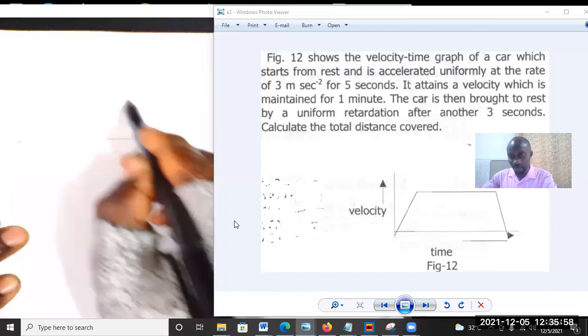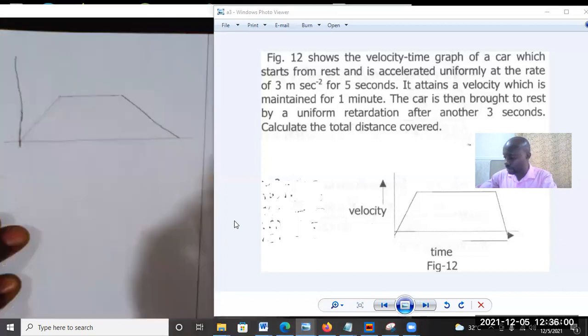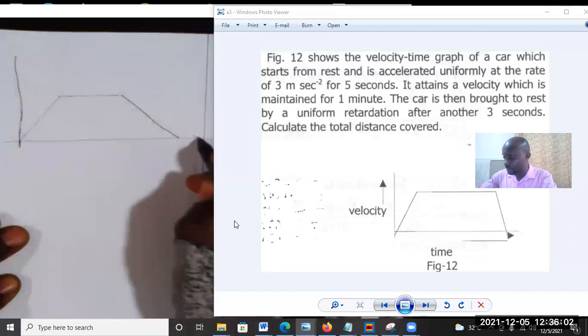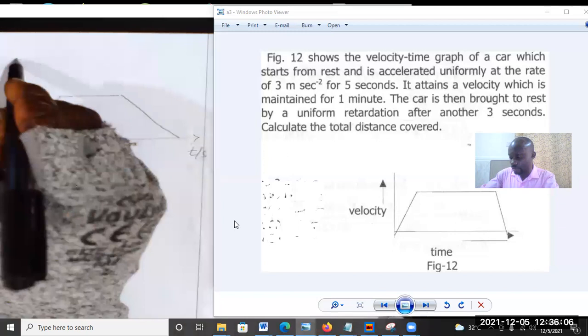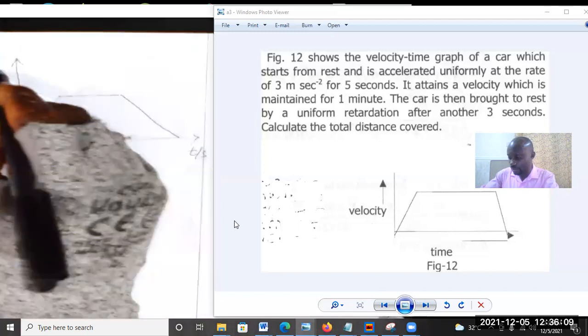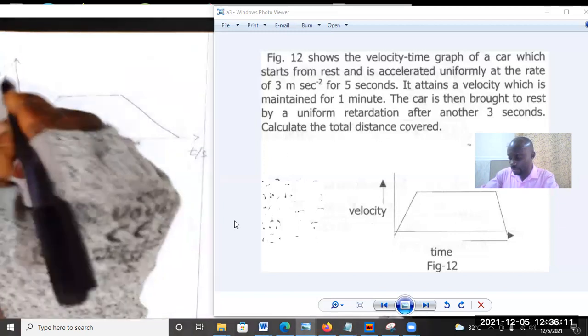Negative acceleration. Remember, the horizontal axis for time in second, and we have the vertical axis for speed in meters per second.